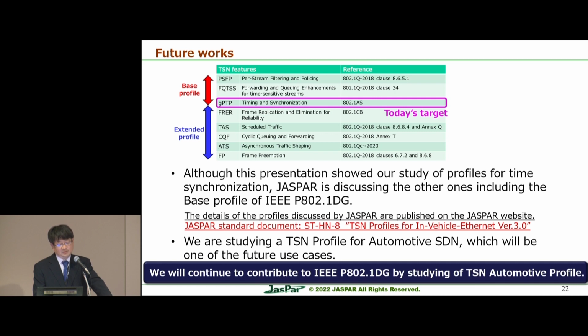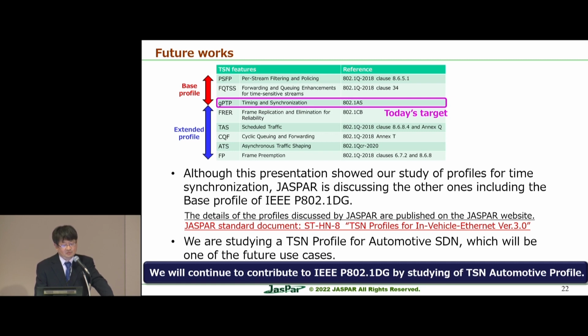And although this presentation showed our study of profiles for time synchronization, JASPAR is discussing the other ones, including the base profile of IEEE 802.1DZ. And now, the details of the profile discussed by JASPAR are published on our web pages. So if you are interested in this document, please visit JASPAR's homepage and look at this document.